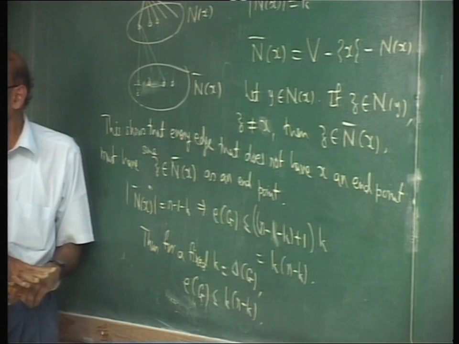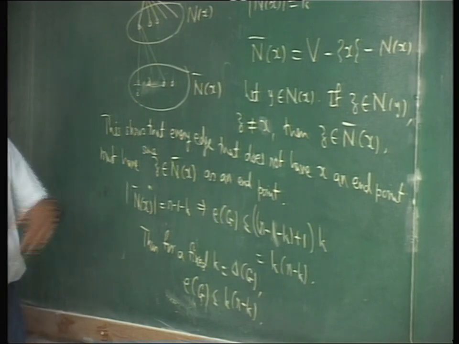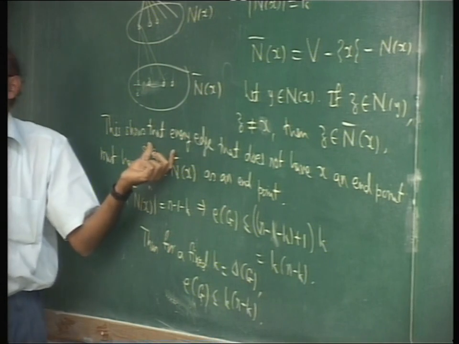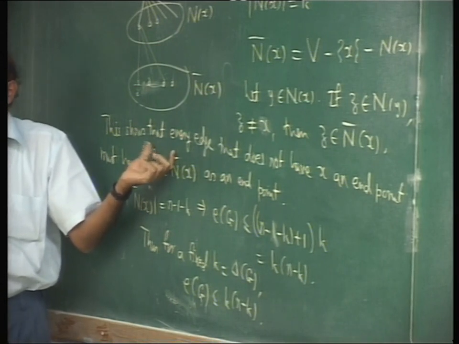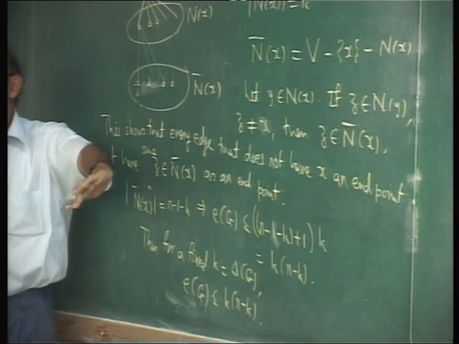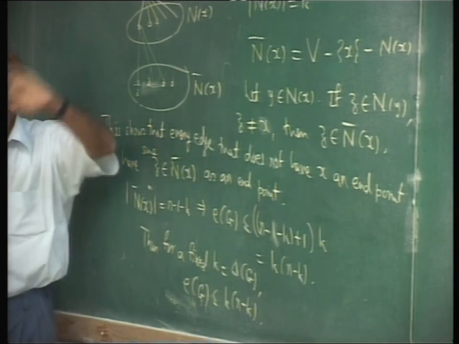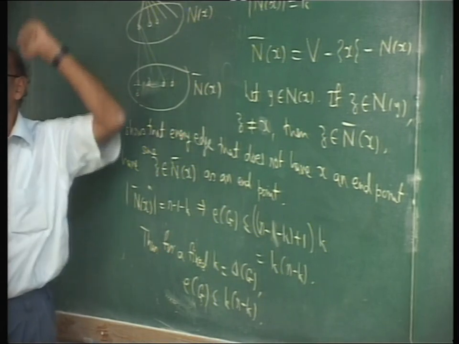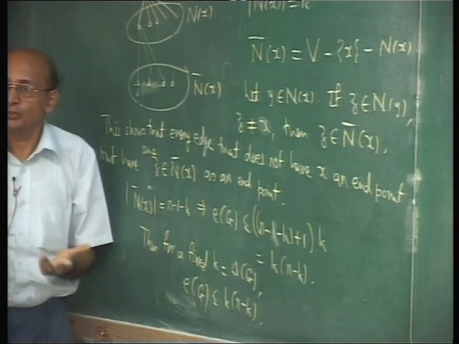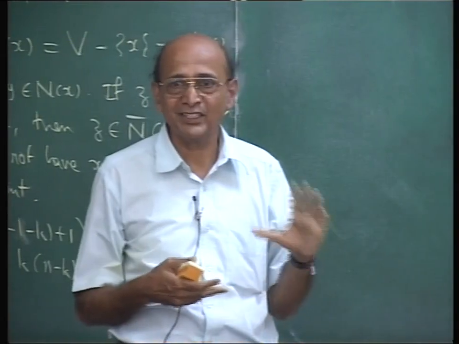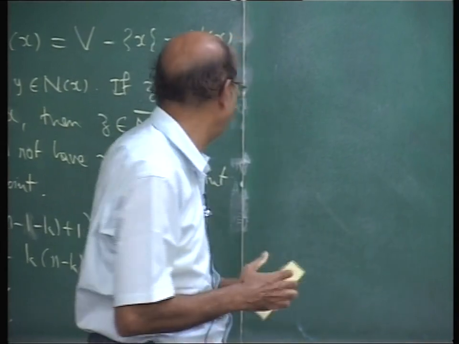I have a bipartite graph in which in one part I have k vertices, in the other part I have the remaining n minus k vertices. And then the question boils down to, among all bipartite graphs with k vertices on one side, n minus k on the other side, which bipartite graph has the largest number of edges? That obviously is obtained when you put about an equal number of vertices on both sides.